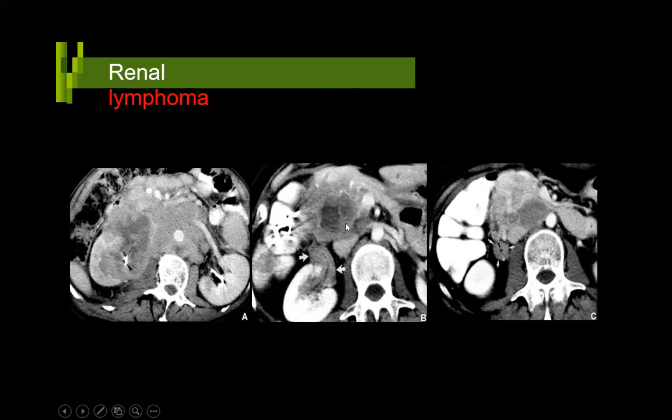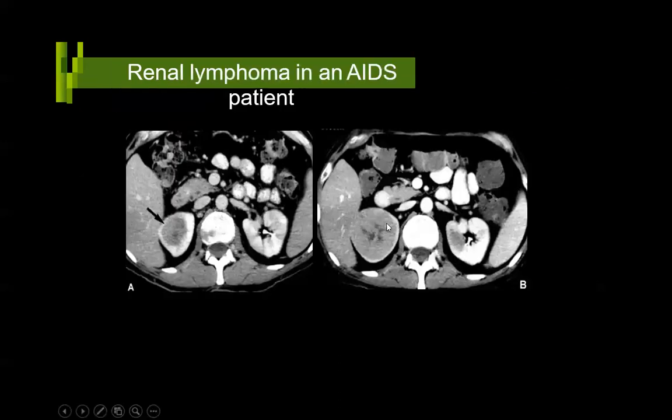So it has to be put together in the whole picture. You have to see whether there are lesions in the spleen, in the liver, in the paraortic region, are there lymph nodes? And then you would usually see sometimes lesions in the kidney as well. Again, bilateral lesions. It's an example of lymphoma in an AIDS patient. So immunocompromised patients can also develop lymphoma.